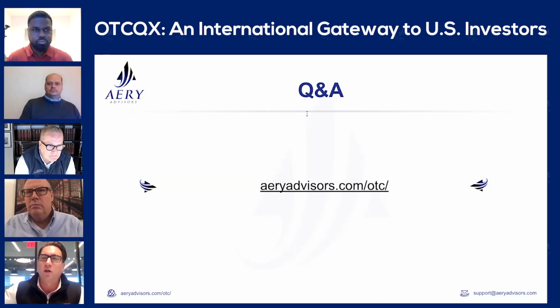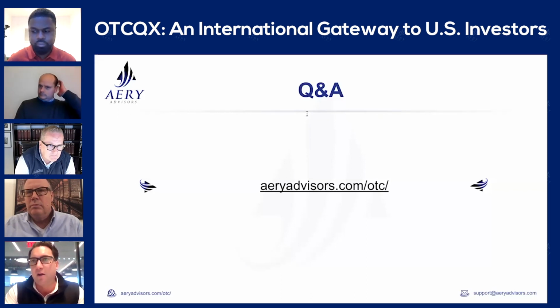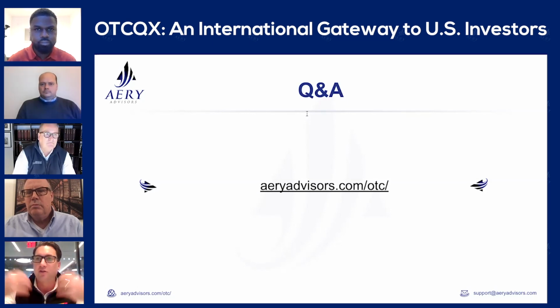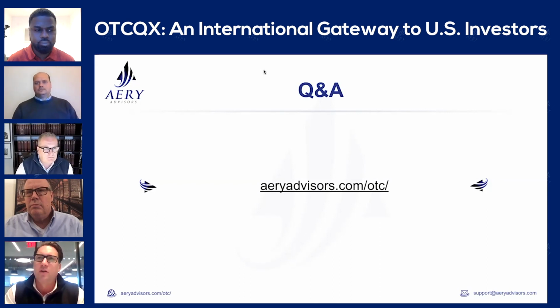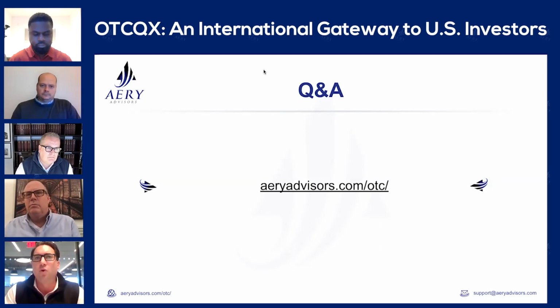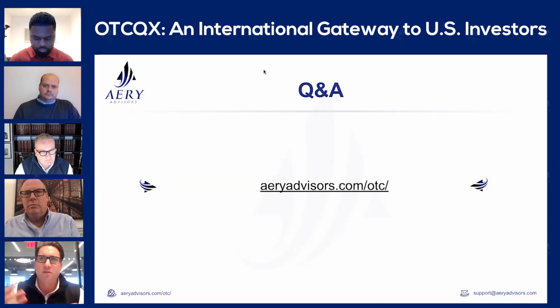She's doing Southeast Asia. We have another colleague who's focused on Australia, another colleague who does Canada. We have hundreds of Toronto Stock Exchange listed companies that trade on OTCQB or OTCQX. In fact, there's about 600 companies on QX, 1,200 on QB. The vast majority have a primary listing somewhere else in the world and utilize this 12g3-2(b) exemption to be public in the US and to make it easier for all US investors to buy their shares.